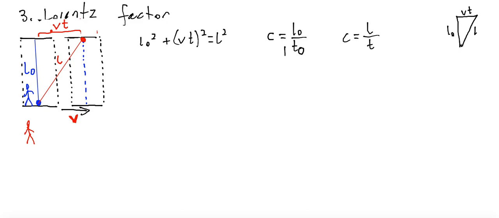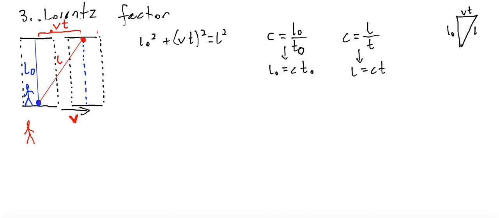Okay, so by using this equation, what is L0? L0 is c times t0. Remember, 0 is related to the time measured by the observer who is inside the clock. By using this, what is L? L is c times t. Remember, t is the time measured by the observer who is outside the clock. So let's use these two here.